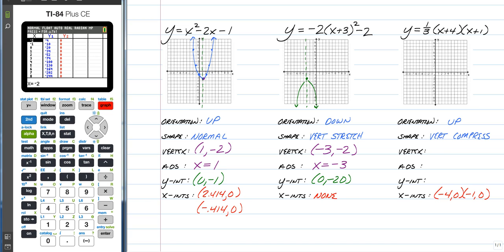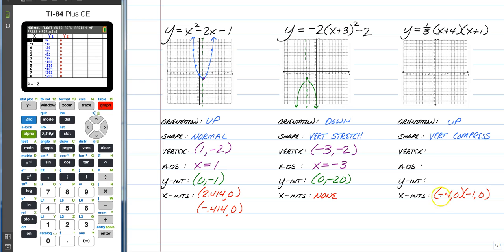It's never a solid line. Okay? So you now know how to use your graphing calculator to find a vertex, which means you also know the axis of symmetry. You know how to use your graphing calculator to find x-intercepts by finding the intersection. And you also know how to use your graphing calculator to find the y-intercept.